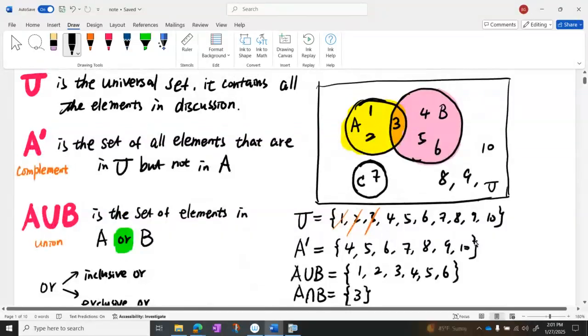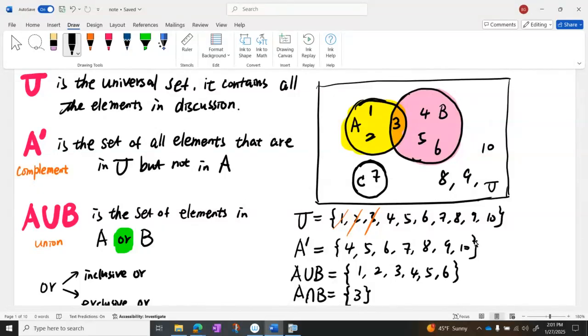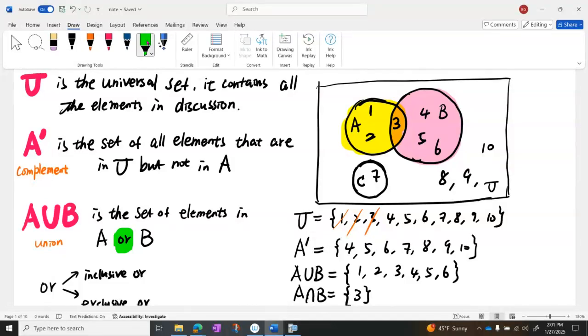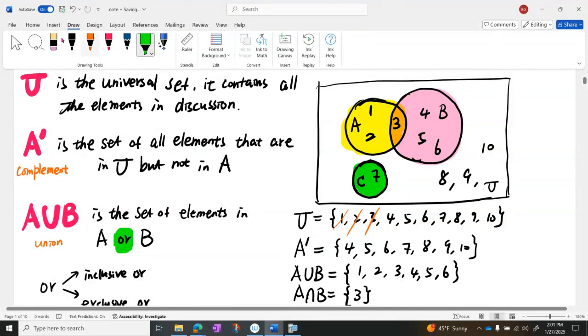And look at here. Are A and C disjoint? By the way, you can unmute yourself and answer the question faster. What do you think about A and C? Let's say C is the green set. Are A and C disjoint?